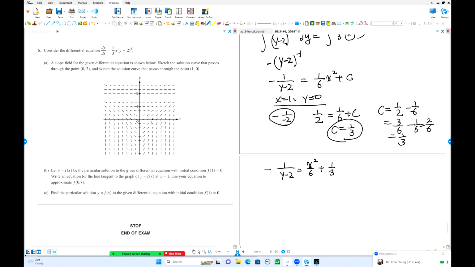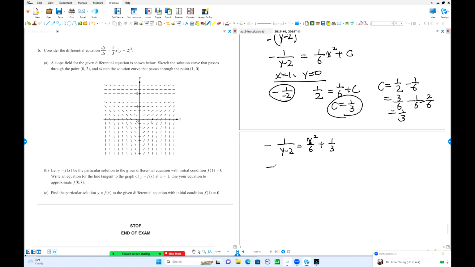But we want to express y, so we need a little change. Use the same common denominator: x squared plus 2, over 6. Now move the negative to the left: 1 over (y minus 2) equals negative (x squared plus 2) over 6.